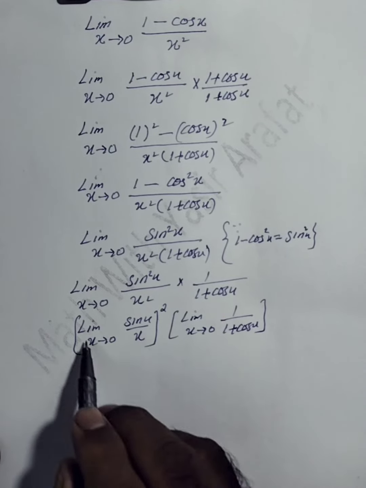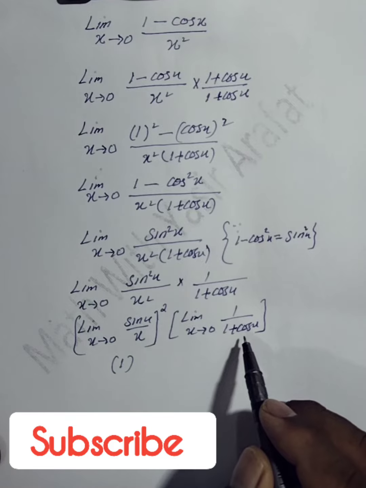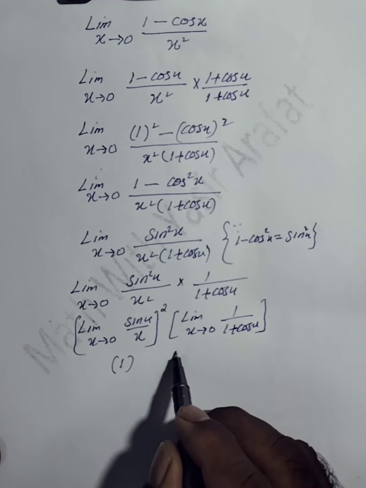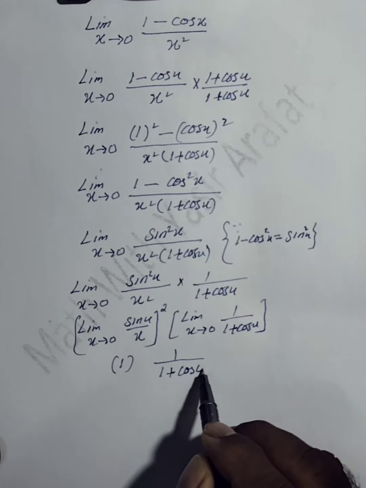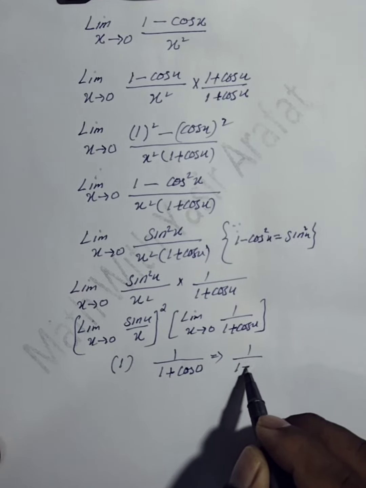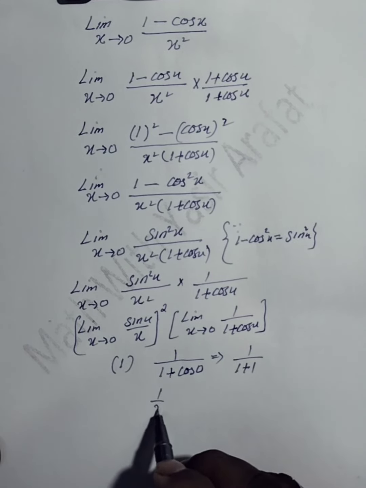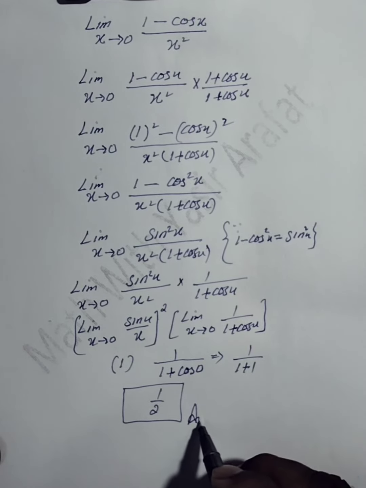So this becomes the sandwich theorem, so it is equal to 1, and here we apply the limit x tends to 0. So this is 1 plus cos 0, and we know that cos 0 is 1, so this is 1 plus 1, which is 2. 1 upon 2 is the answer of this question.